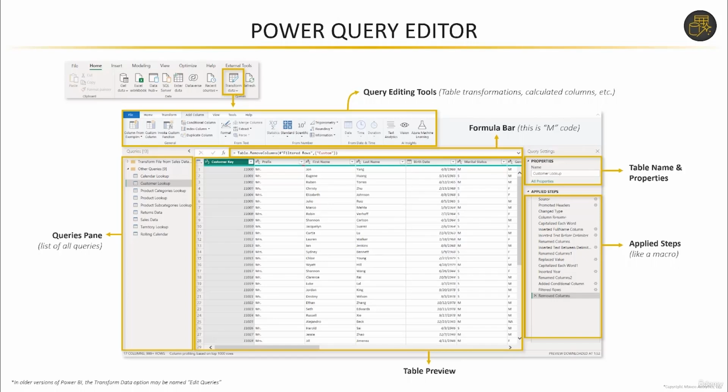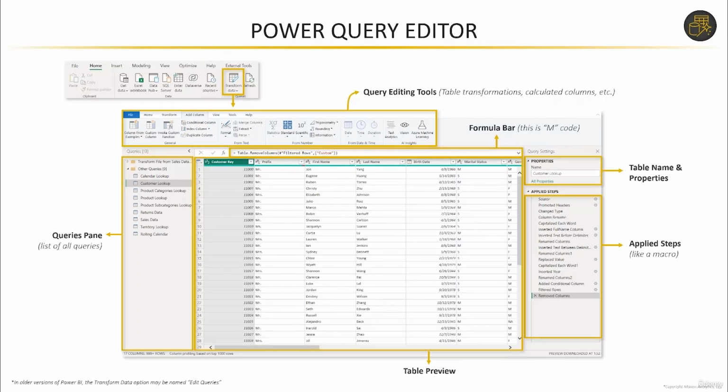And then last, but certainly not least, the applied steps pane here in the lower right. This is really powerful because what's happening here is that every time you make a change to your data, every time you apply some sort of shaping or transformation operator, Power BI will record an applied step using M code and add it to the list here.